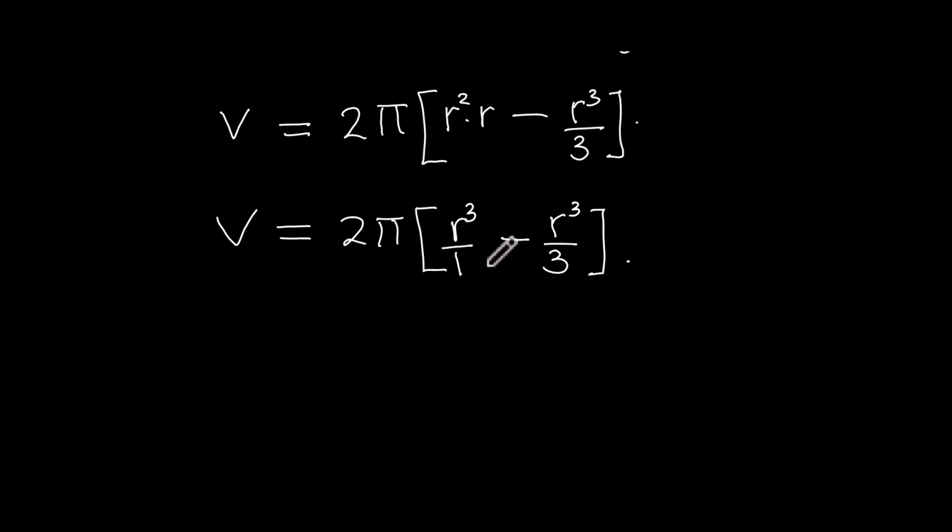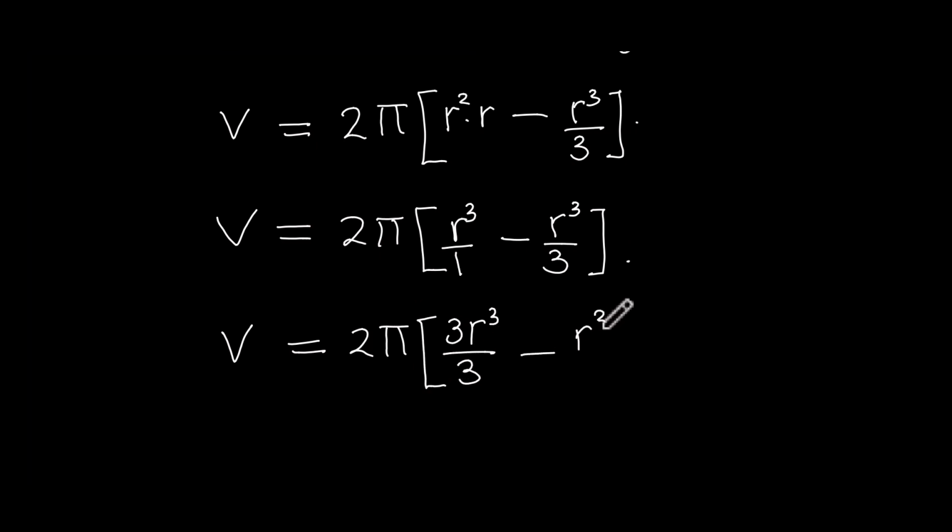And then we can make this subtraction simple, so we multiply the numerator and denominator by 3 to obtain the same denominator, that is 3. Therefore, we have our 2 pi. Inside this bracket still we have 3 r cubed, and 1 times 3 is also 3, minus r cubed over 3.